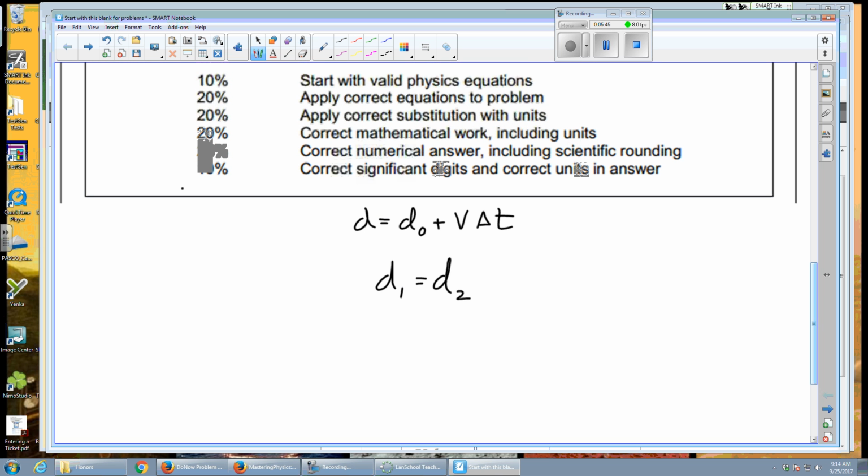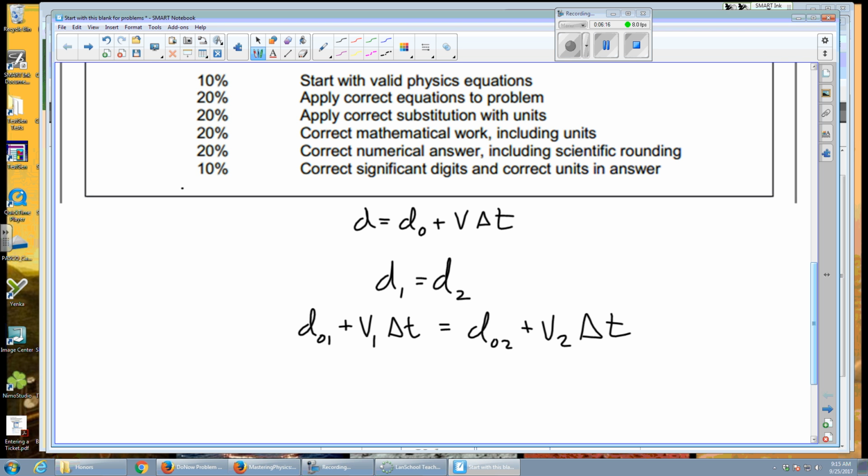So putting this in for D1, I do D01 plus V1 delta t would equal D02 plus V2 delta t. Can I cancel anything algebraically right now? No, because there's nothing common to every term.